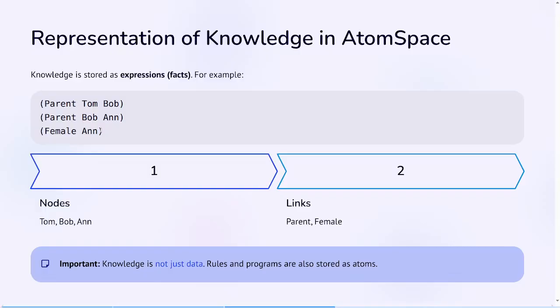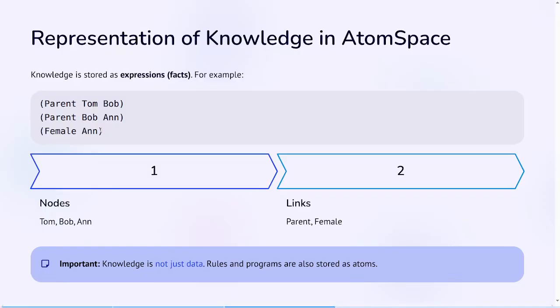So the things, for example the names, would be nodes, and the types or the relationships between them would be represented as links, right? For example, the one that we used earlier, we said that Adam is a parent of Bob. So Adam and Bob would be nodes in our Atomspace, and the parent relationship would be a link.